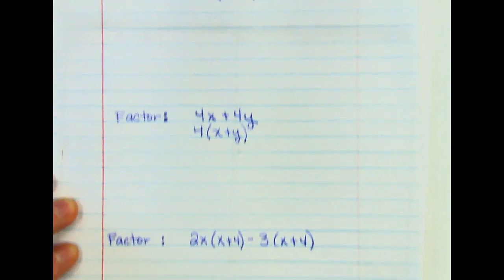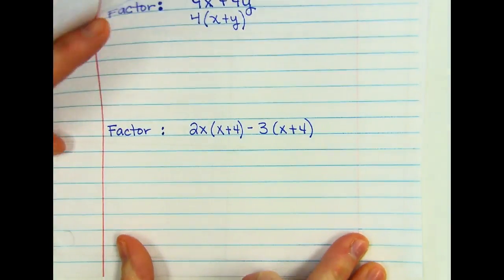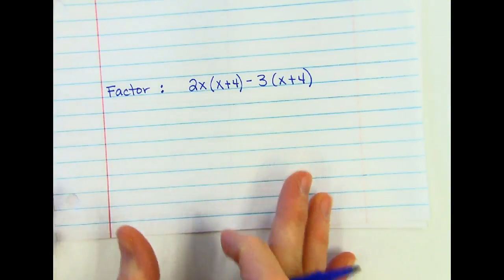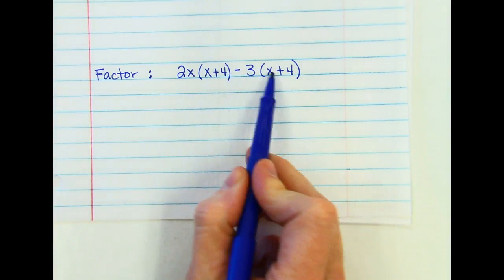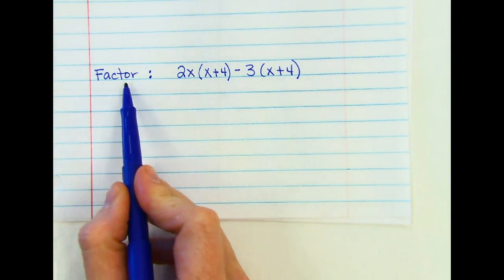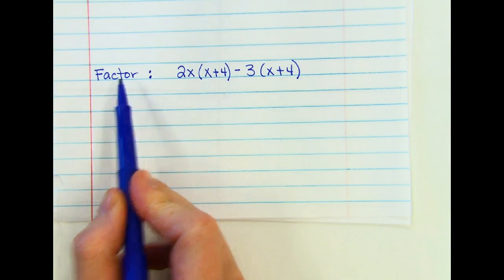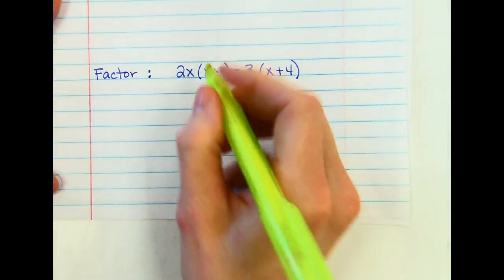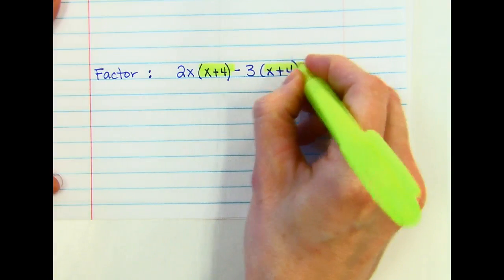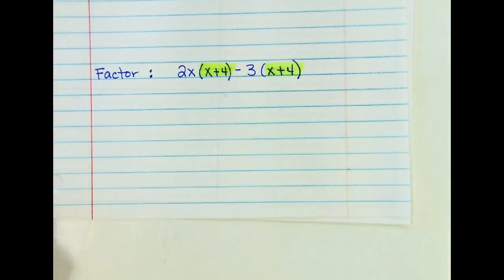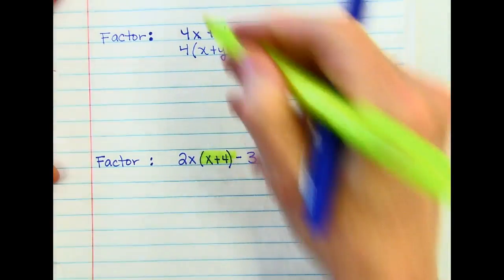So now if you look at this one, you may not see that as clearly. When you look at this, your first thought is probably to go ahead and put it back together. But remember, factoring is breaking things apart. So I need you to realize that these 2 are the same. They are just like these 4's up here.